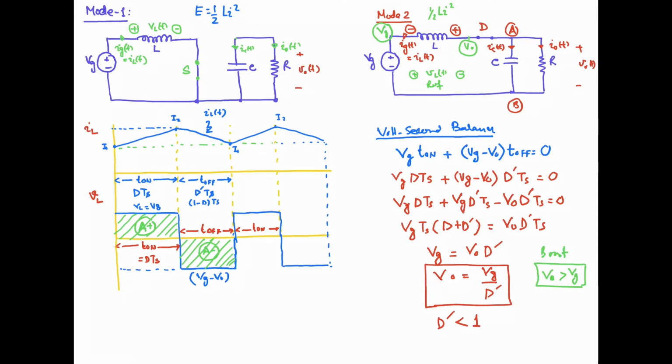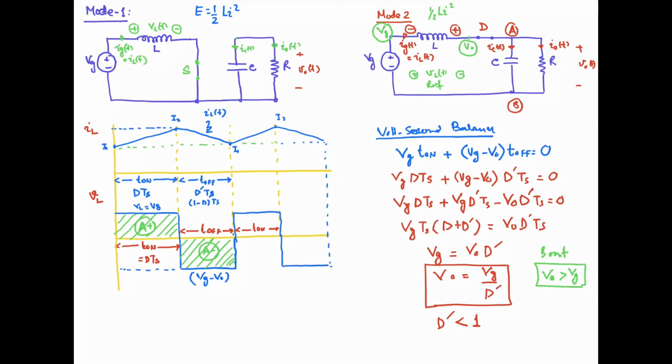And why will it be higher? Because you can see over here, your inductor is in series with the source, and the net voltage between point A and point B is higher than your source voltage, because your capacitor will be charged to this higher voltage, that is equal to the inductor voltage plus the source voltage, and then it will retain that voltage across the load resistance. So you will get the higher voltage at the output.